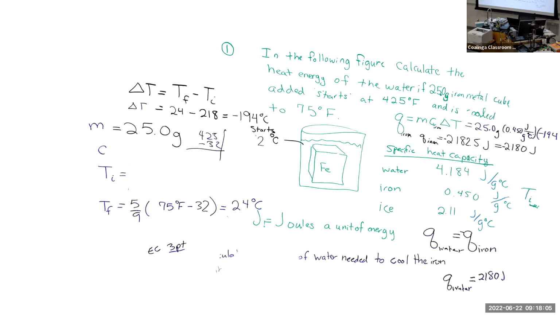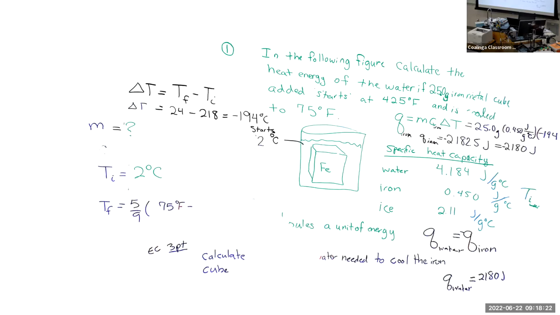We have T initial of the water is 2 degrees Celsius. It's already in Celsius, right? We want to calculate the mass. This is what we don't know. Can I calculate my delta T? So how would I calculate my delta T?